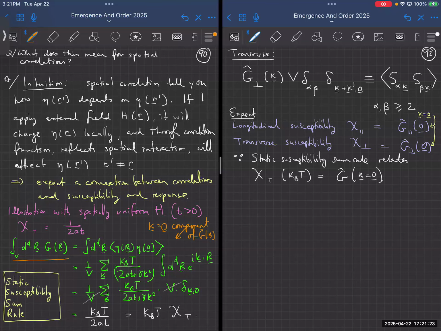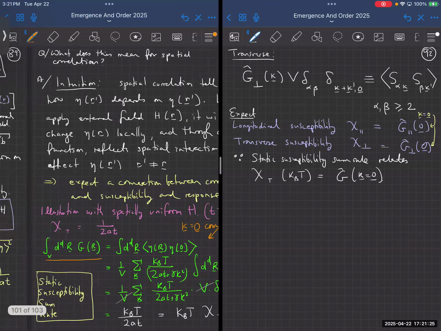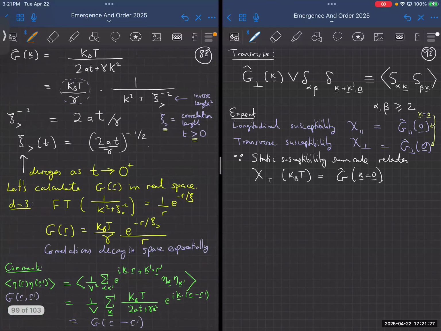And just as a teaser, let's go back here and look at the form for the correlation function that we derived. Okay, 1 over k squared plus xi to the minus 2. How many of you have done some elementary quantum field theory? Oh, okay, only 1 or 2.